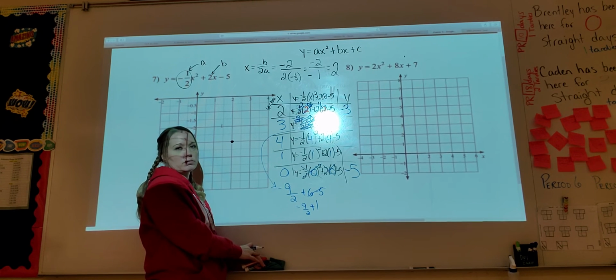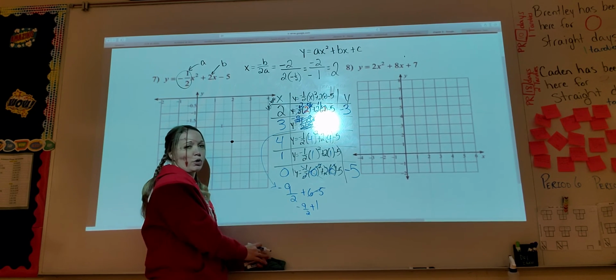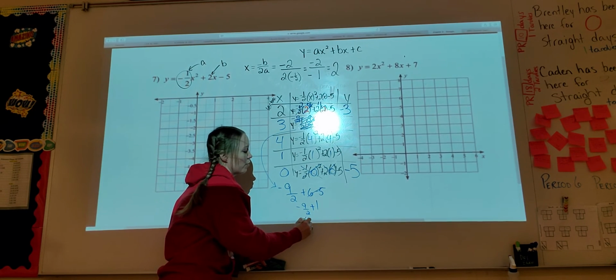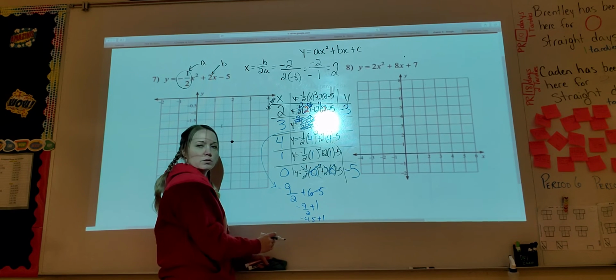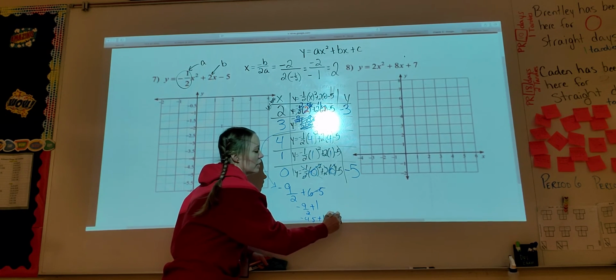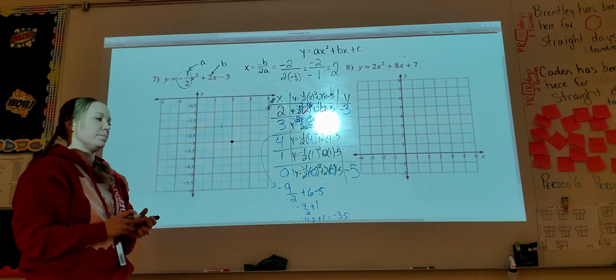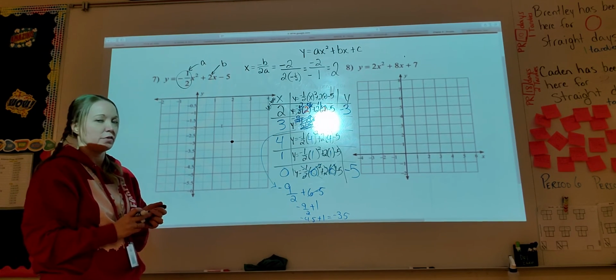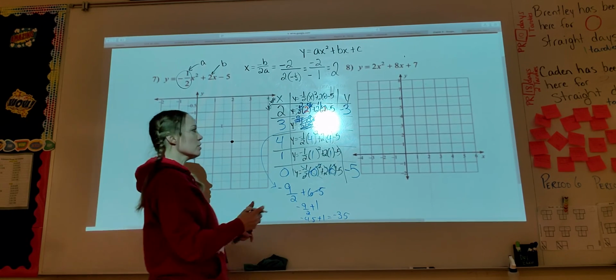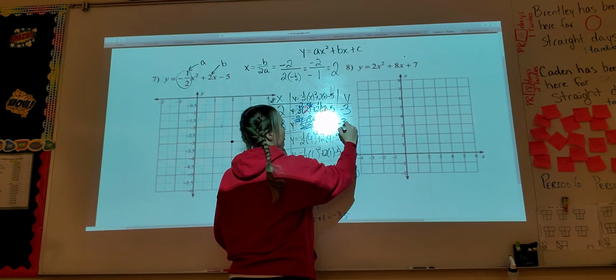How would I do that? You can change it to decimal if you're more comfortable with that. What's half of 9? It's going to be 4.5. So -4.5 plus 1, that's going to give you -3.5. Or -7/2 is what you would end up. So I'm going to do -3.5.